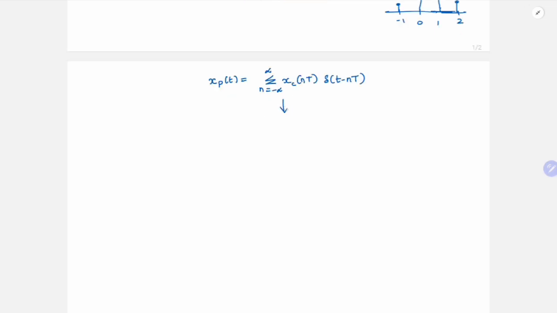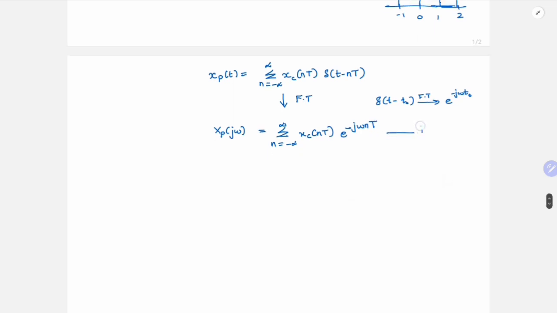And then if I take a Fourier transform of this, I'll get xp of j omega is equal to, so we know that for delta of t minus t naught, the Fourier transform will be just e power minus j omega t naught, right? So similarly, here it will be summation n equal to minus infinity to infinity xc of nT e power minus j omega nT. Okay, so let me call this equation 1.